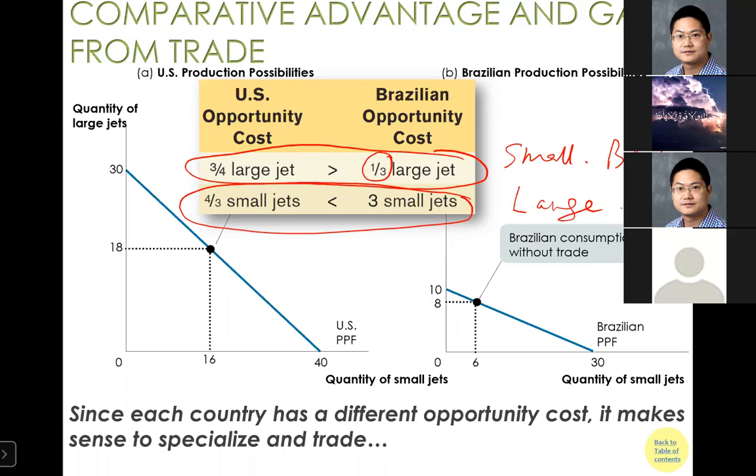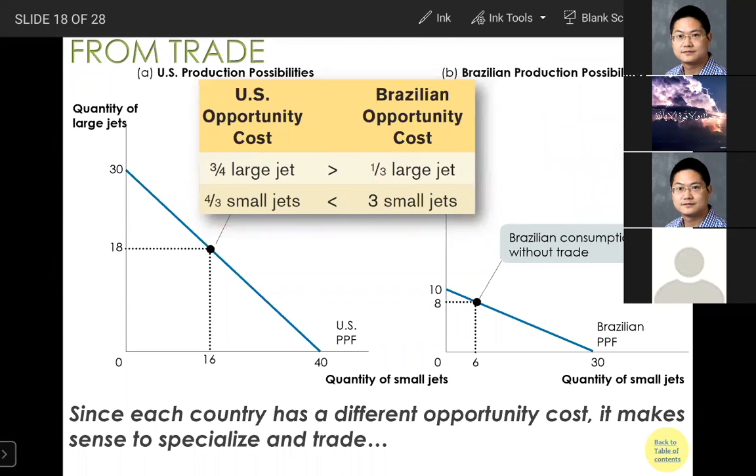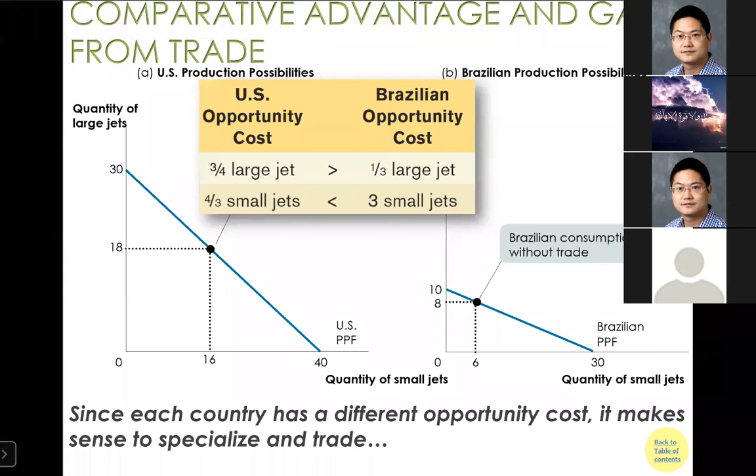So in this case, I just erased everything, so let me remind you. In this example, we look at opportunity costs for different goods. On the top is the opportunity cost of small jet.